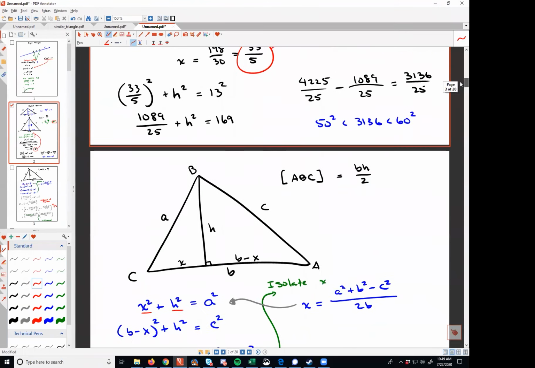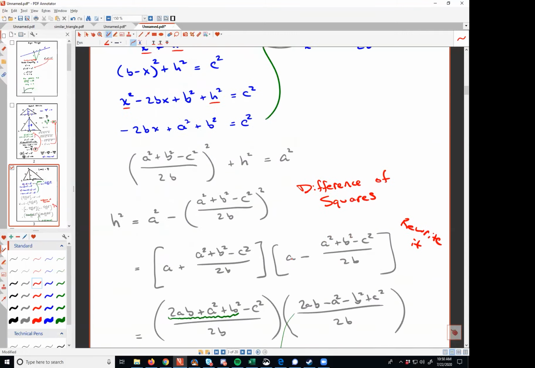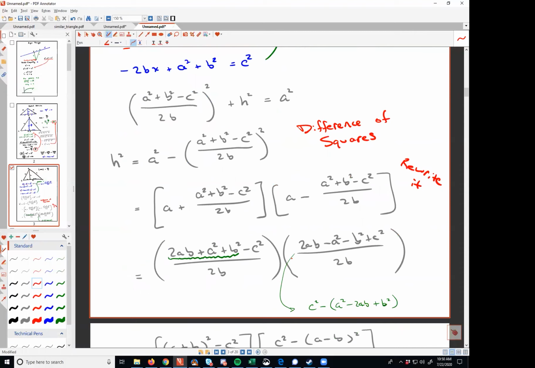So let's take a review. Base times height divided by 2. But the height is not part of the original information, and we look for a way to relate it to A, B, and C. So we introduce a new variable, x, that helps divide the base into 2, and then we have a system of equations. And we solve for x, we isolate x, we plug it back into one of those equations, and then we do a big strategic algebraic dance.